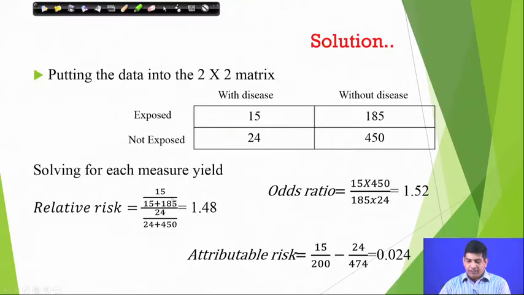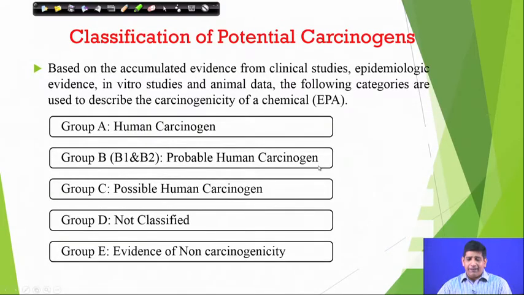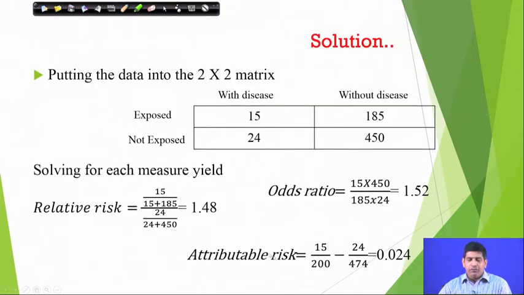Attributable risk is 15 divided by 200 minus 24 divided by 474, so you get 0.024. So, that is the risk where if you are exposed you will have more chances of getting it, about 2.4% or something like that. So, that is kind of how we do some of these data analyses, to find out whether the risk is there or not.